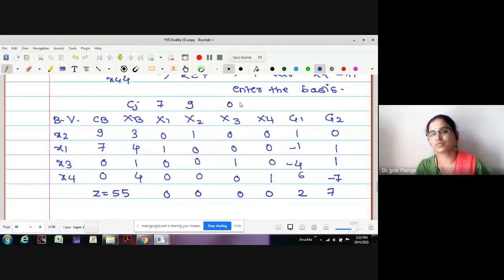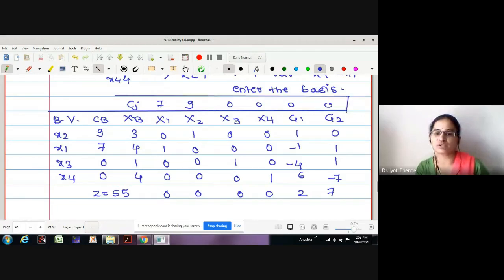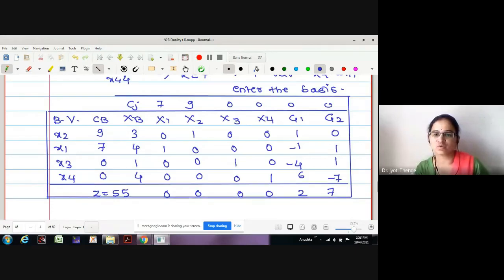Now this is the table obtained by using the row operations for converting the pivot to unity, remaining entries to 0. And if we look at this table, see all xb entries are integer valued. Therefore, this is the required integer solution.